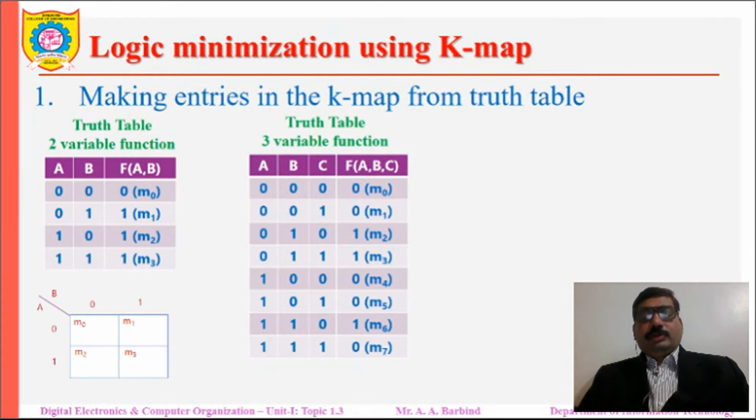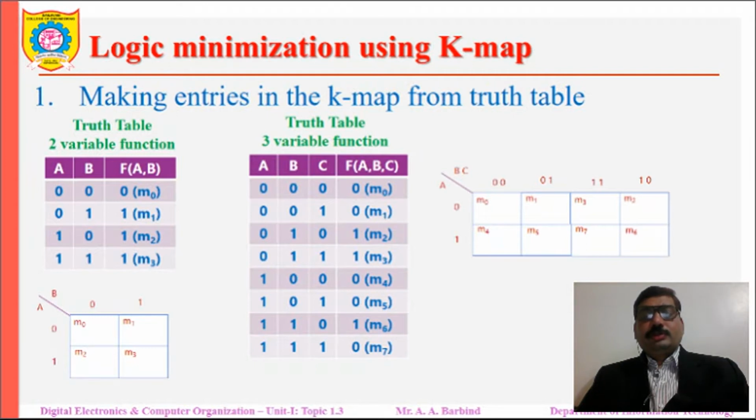Now the entry corresponding to the first term in the truth table, which is 0 0. The first row is 0 0, for which the output is 0.